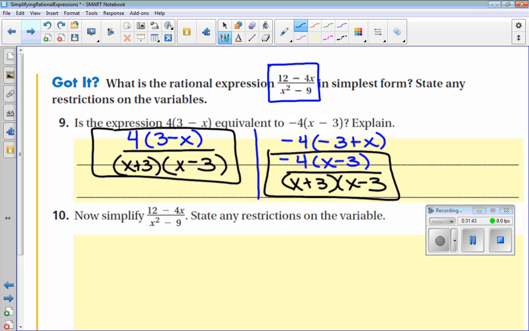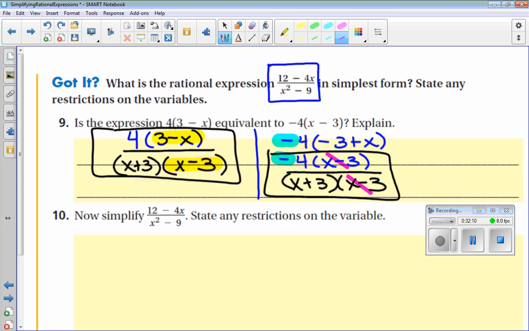These are not the same factors, because the negative goes with the x in the top and the negative goes with the 3 in the bottom. They look similar, but because of the negative that I took out, now I have a common factor that will cancel. So we have to be pretty careful when we're factoring.